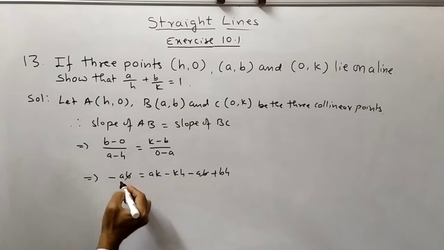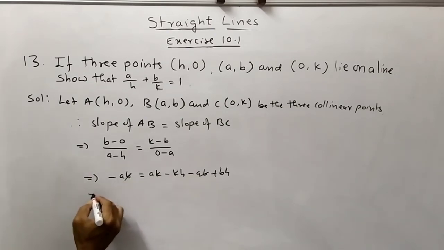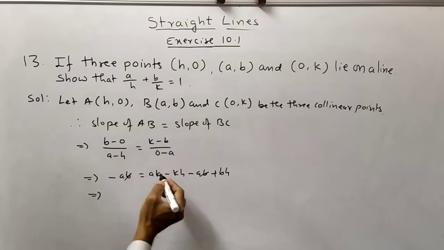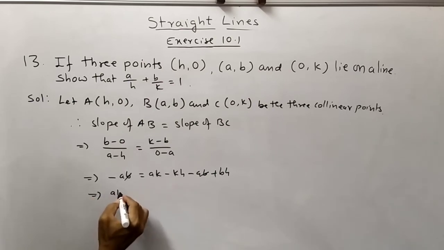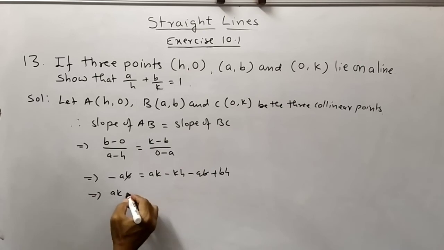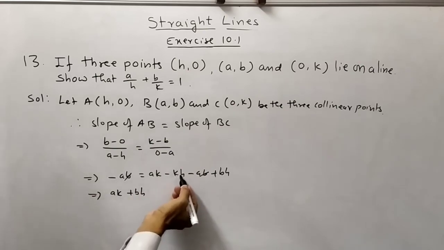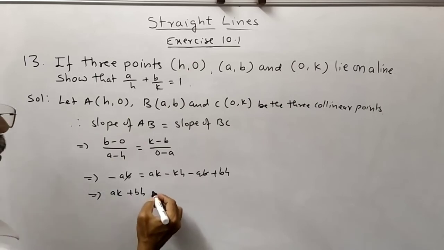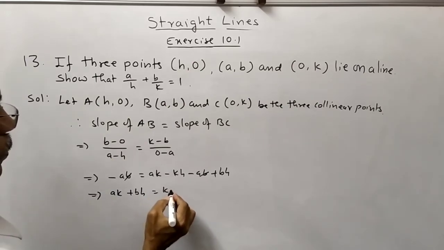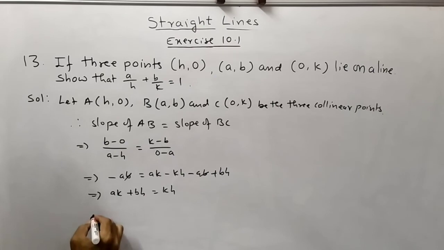Minus ab and minus ab we can cancel. This implies ak let us keep as it is, plus bh also we can keep as it is. This minus kh we can bring this side, is equal to kh.